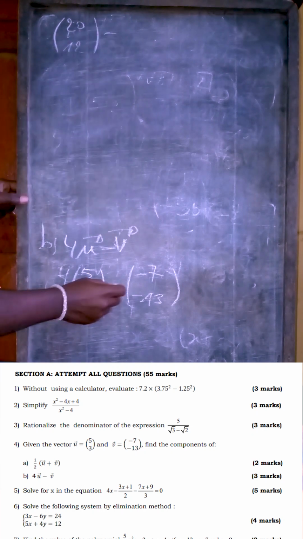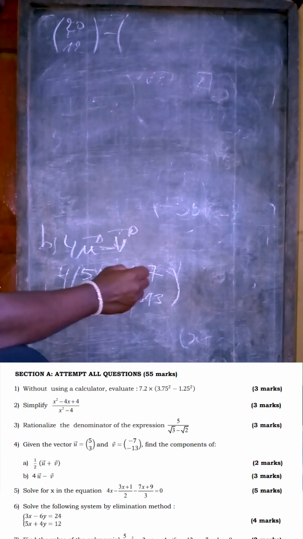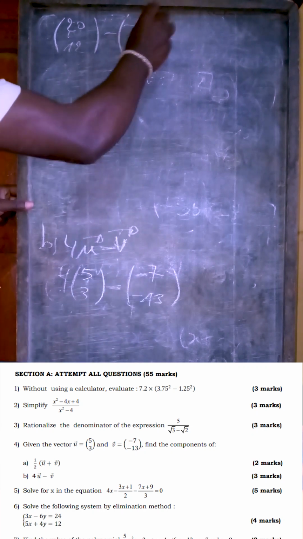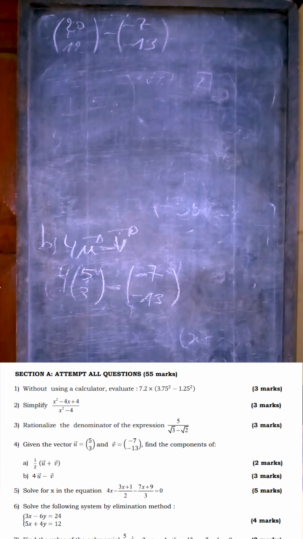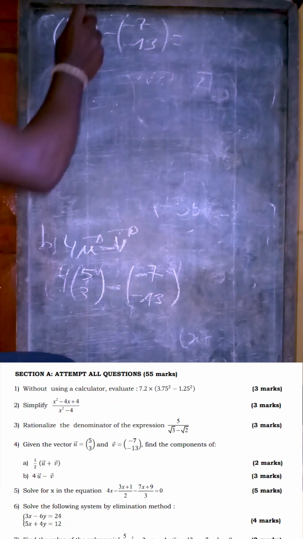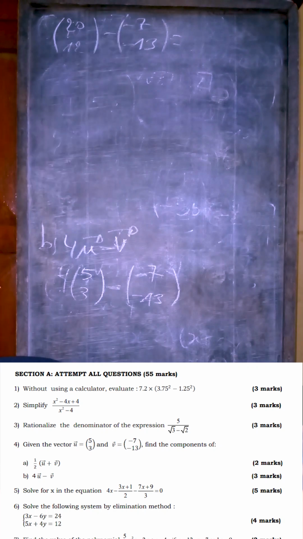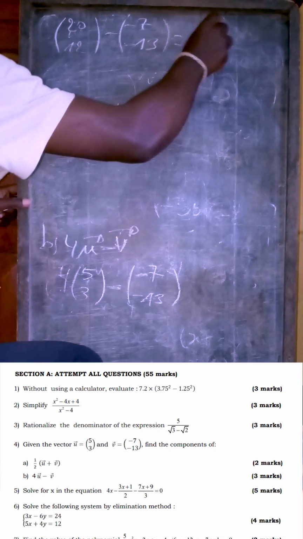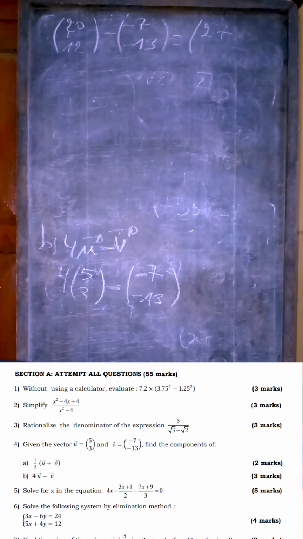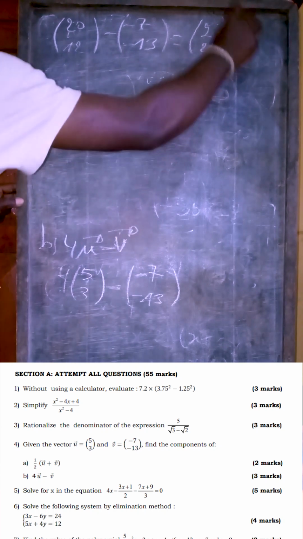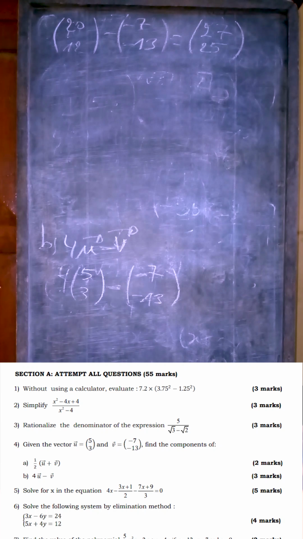And here we have minus the vector v, (-7, -13), and it will be equal to 20 minus minus 7, which means 20 plus 7 because minus times minus is plus, and it will be 27. And here we have 12 minus minus 13, which means 12 plus 13, which is 25. Question number 4 is done.